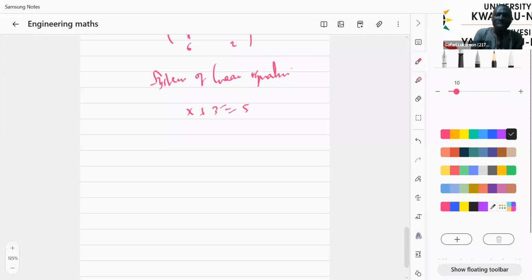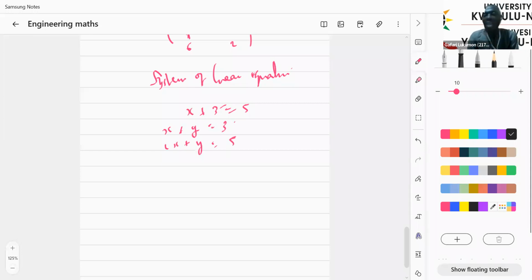This is a linear equation. But this linear equation can now become a system of linear equations when you have 2 unknowns. For example, if I have 2 unknowns, I'm interested in finding the values of the 2 variables simultaneously. For example, if I have x plus y is equal to 3, and maybe 2x plus y is equal to 5.